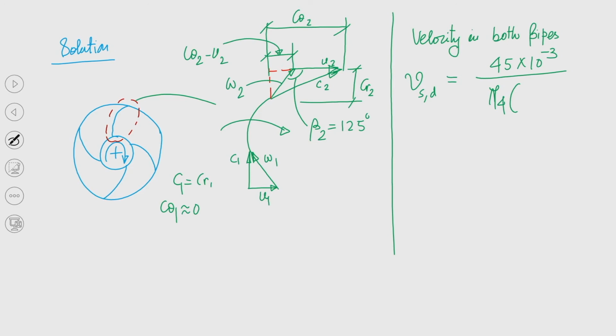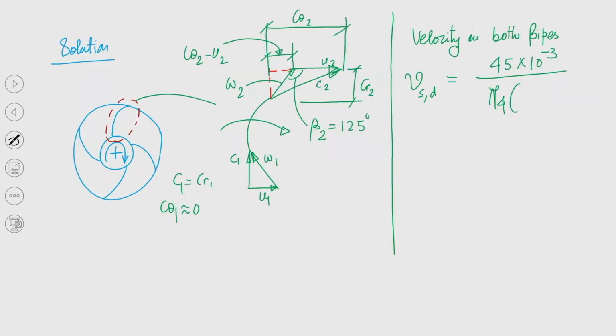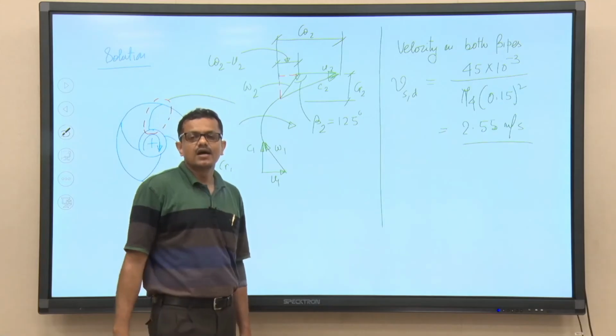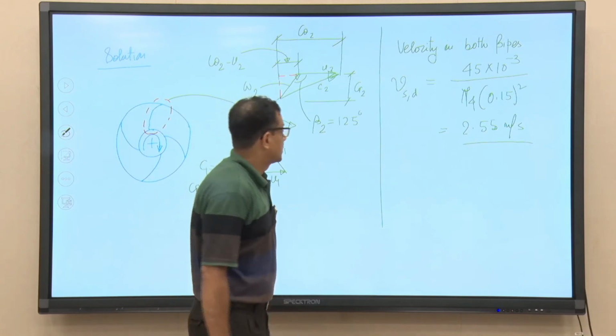If we recall, the diameter is 150 mm. So, very quickly we can write 0.15 squared, and if we calculate it, it will come to 2.55 meter per second. Again I am telling you, you should write the unit correctly, otherwise you may not get full credit.